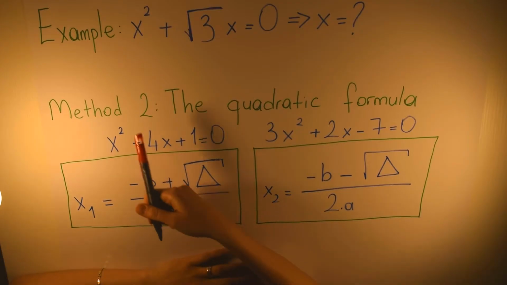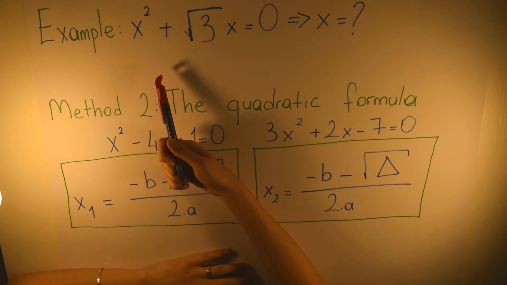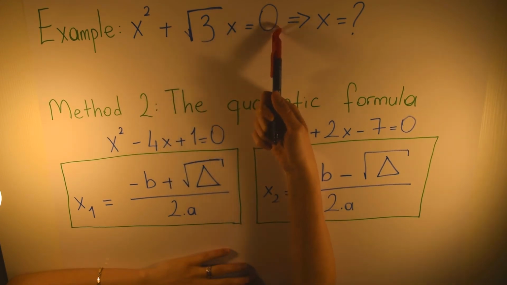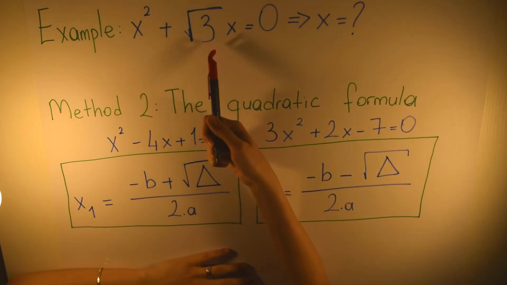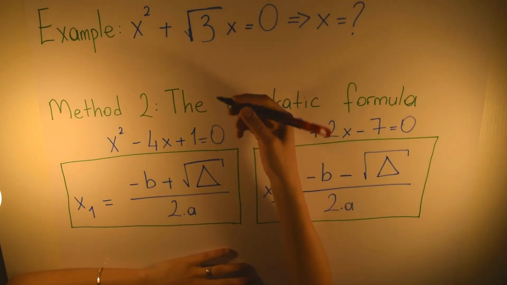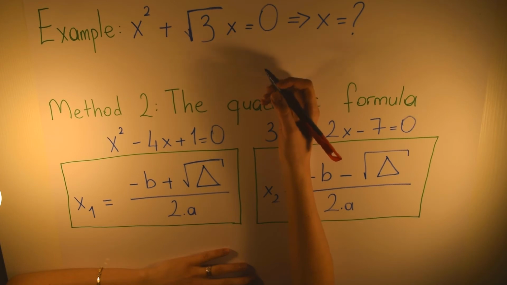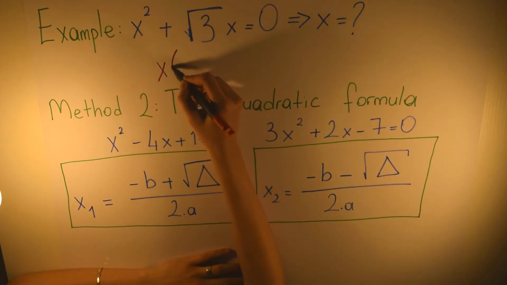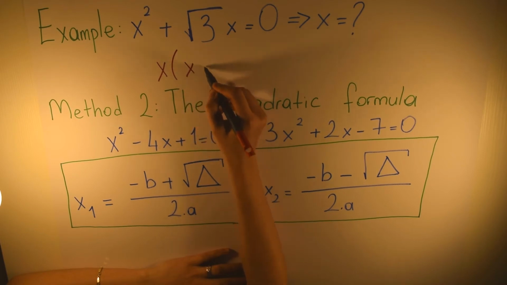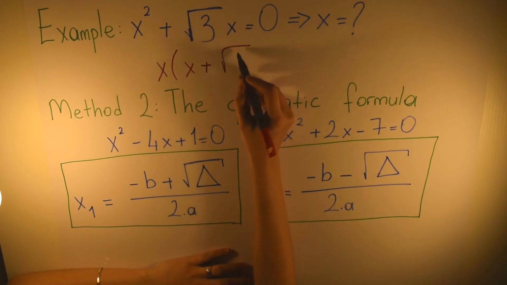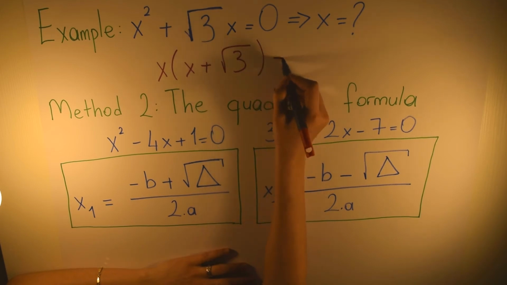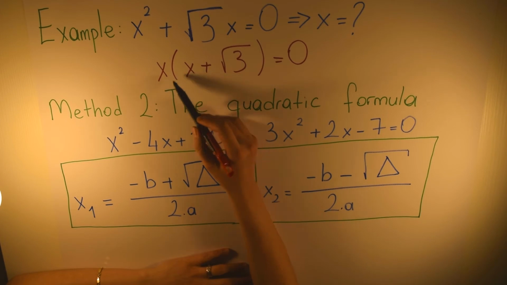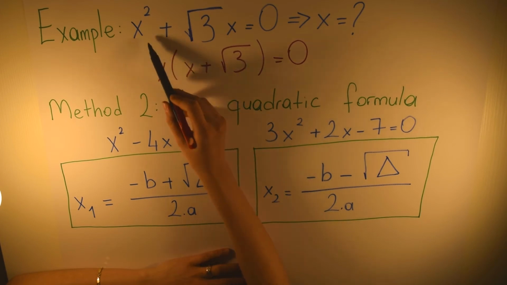Okay, let's look at this example. Here we have x squared plus square root of 3 times x is equal to 0. So here, as you can see, there is no constant, right? So we can write this expression as x times the parentheses of x plus square root of 3 is equal to 0. Why? When you multiply these x and x, you will get x squared.